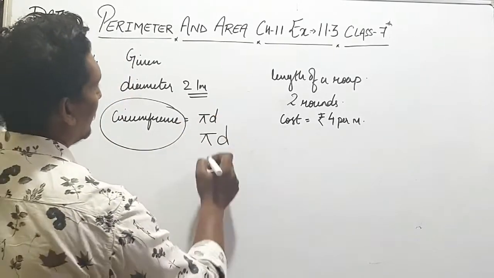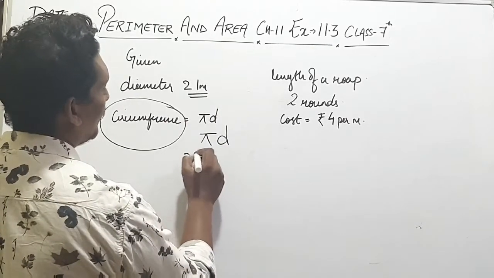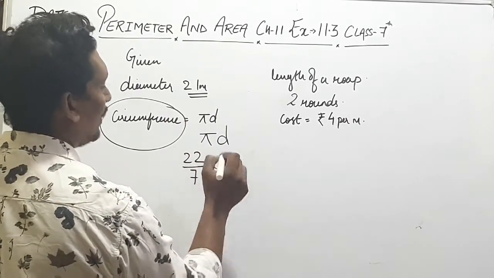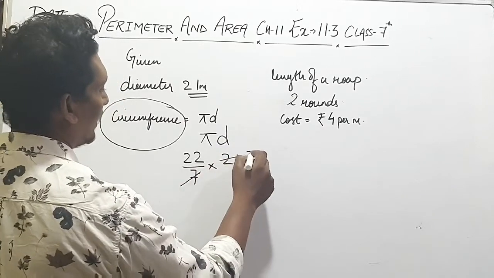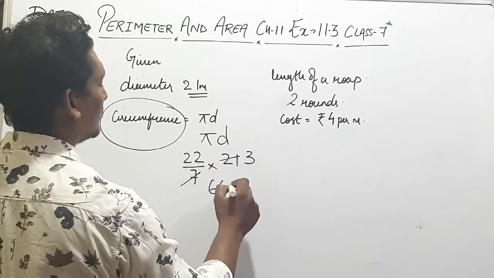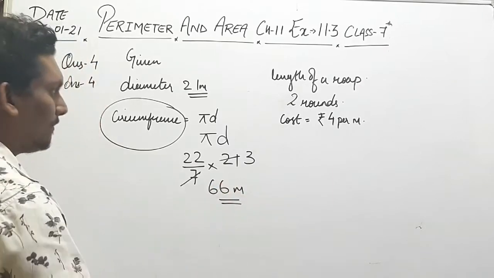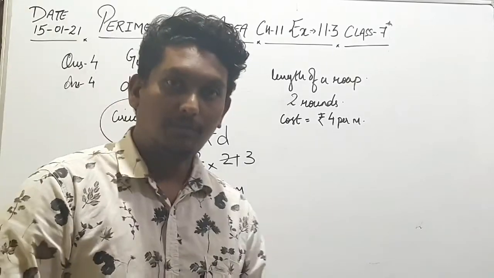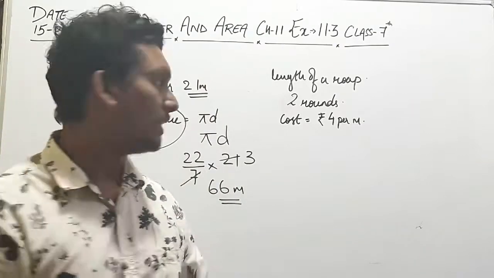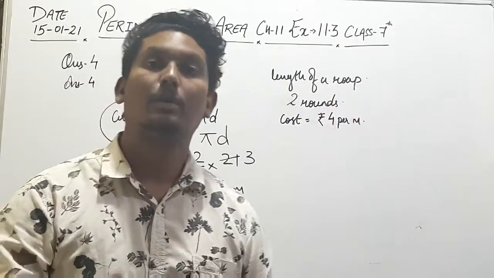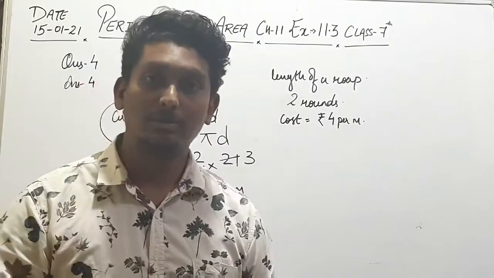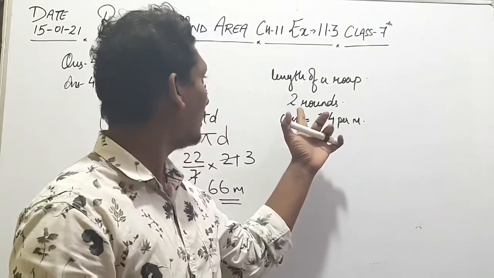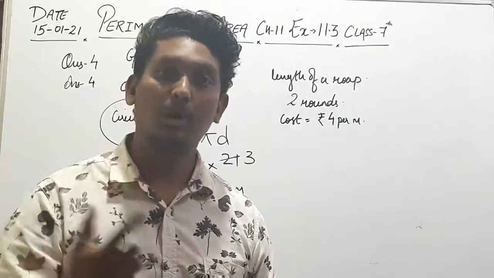The value of pi is given, 22 by 7, into diameter 21. Cut this, you will get 66. This is the circumference we got. Next thing is length of rope needed for fencing. How many rounds? He is going to make 2 rounds.